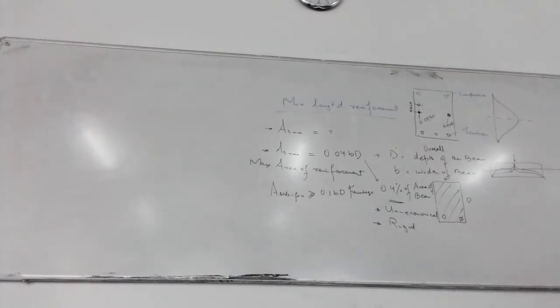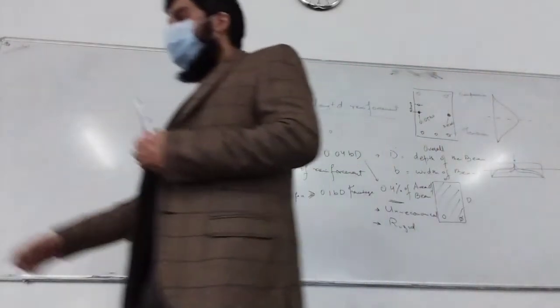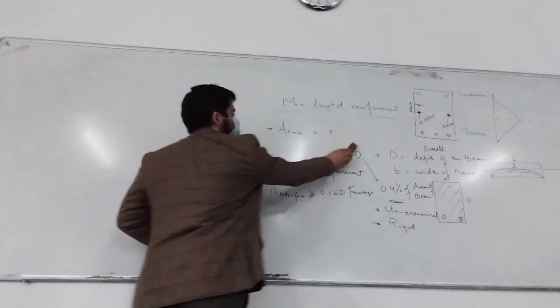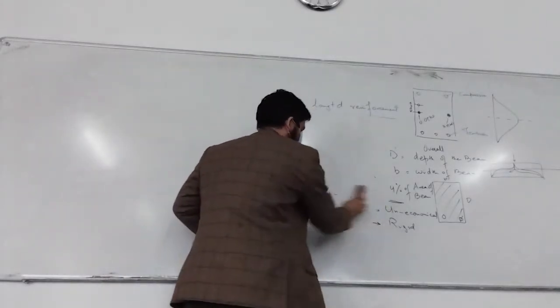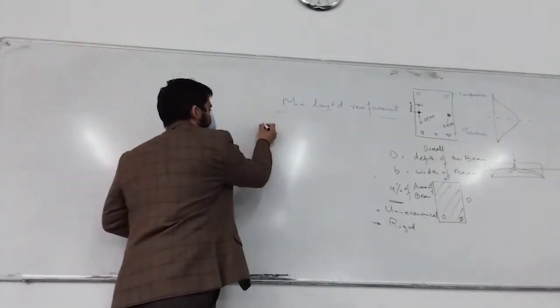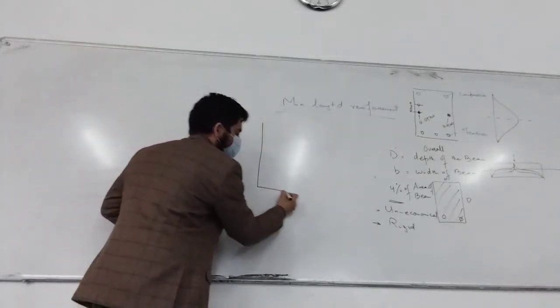Now next we are talking about shear reinforcement. The shear reinforcement is the important one. Now how do we provide the shear reinforcement in the beam? We have discussed this.